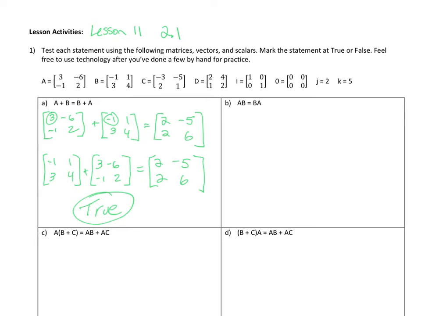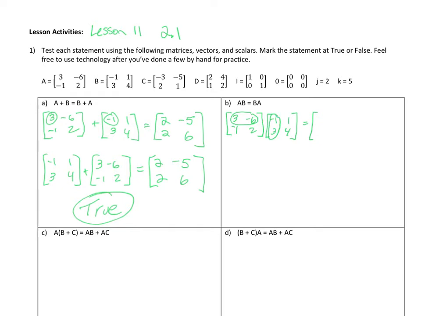Now we're going to test the same concept, commutativity, for multiplication. A times B and B times A. So A times B. So remember, to multiply matrices, you multiply the row times the columns.